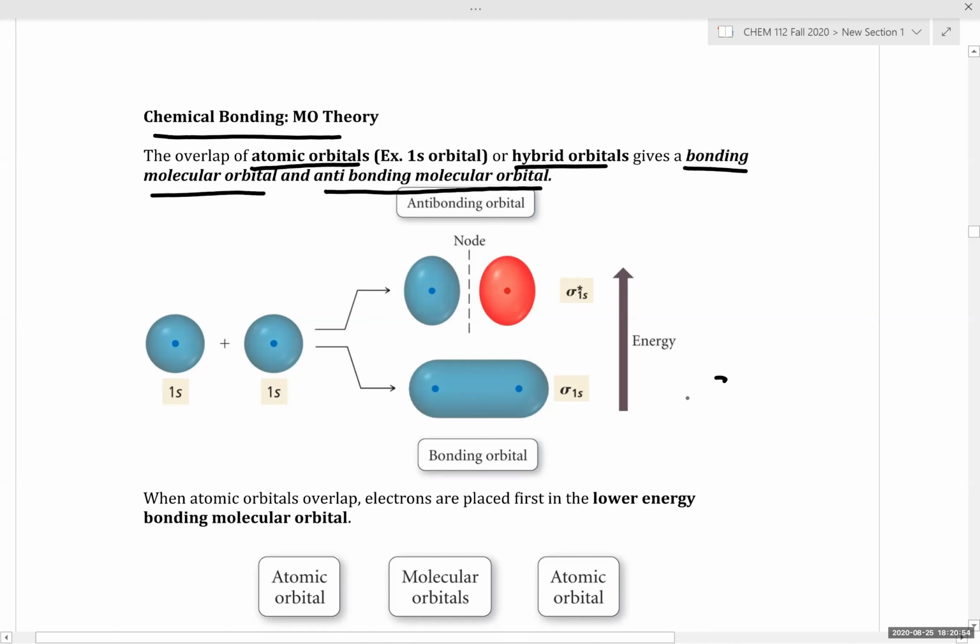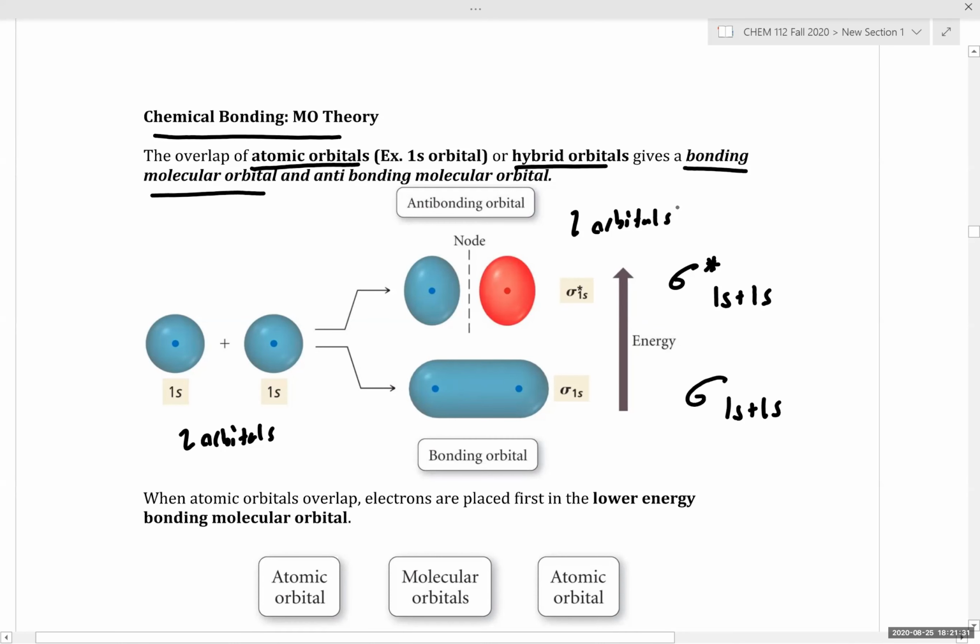So our bonding orbital is noted by sigma 1s plus 1s because we've overlapped two 1s orbitals. This is our bonding orbital that we're so familiar with. And we also have an anti-bonding orbital, known as a sigma star orbital, formed from our two 1s orbitals. So we put two orbitals in, and in turn, we get two orbitals out.